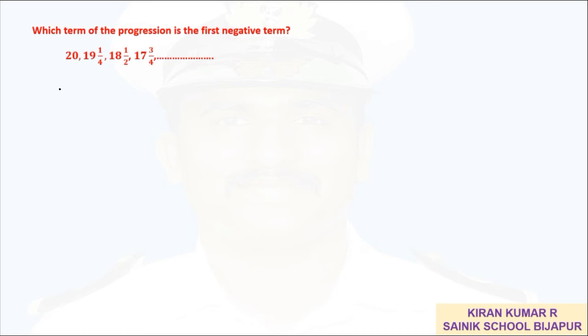To find whether the progression is in AP or not, first let me find out A2 minus A1, 19 1 by 4 minus 20. 19 1 by 4 is 77 upon 4 minus 20. We get it as negative 3 by 4.